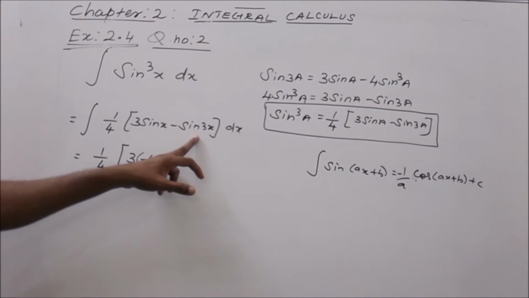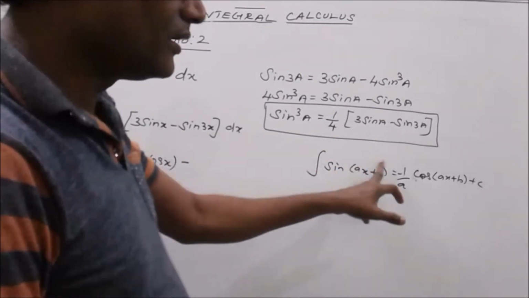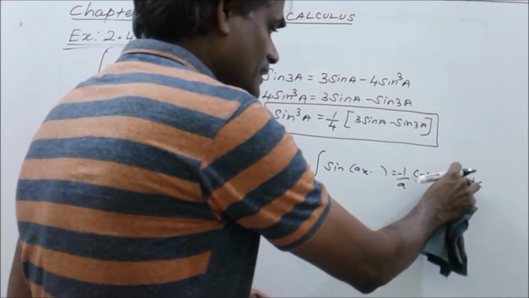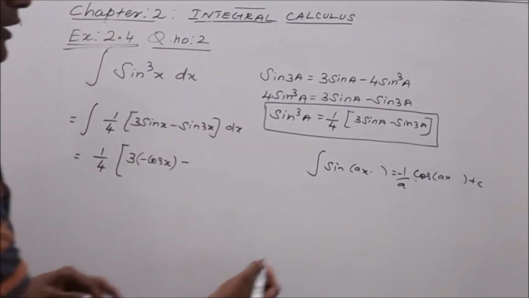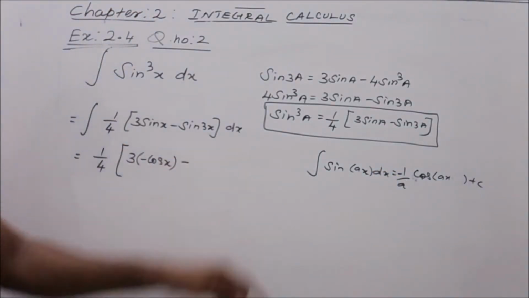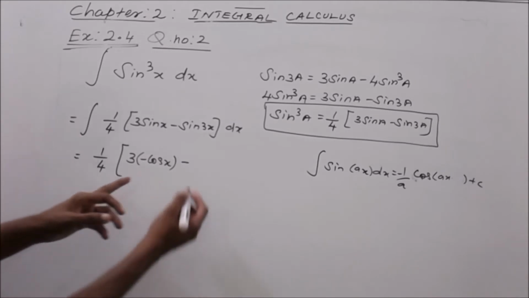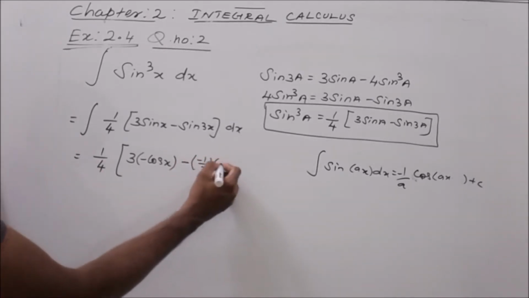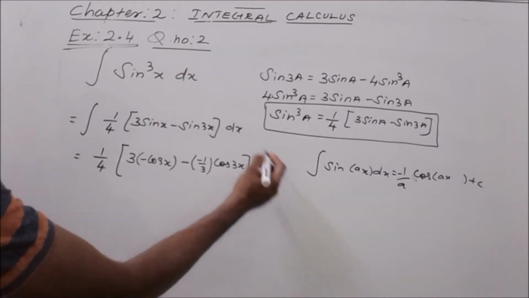But here we have only ax, there is no b term, that will not affect the answer. We don't have b here and we will not have b in the answer also. The remaining are the same. So integral sin ax dx is equal to minus 1 by a cos ax plus c. So writing here minus 1 by 3 cos 3x plus the constant of integration c.